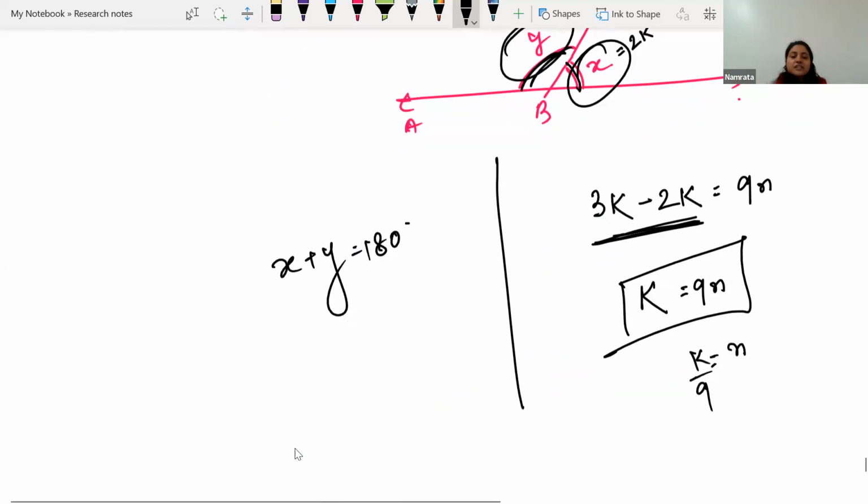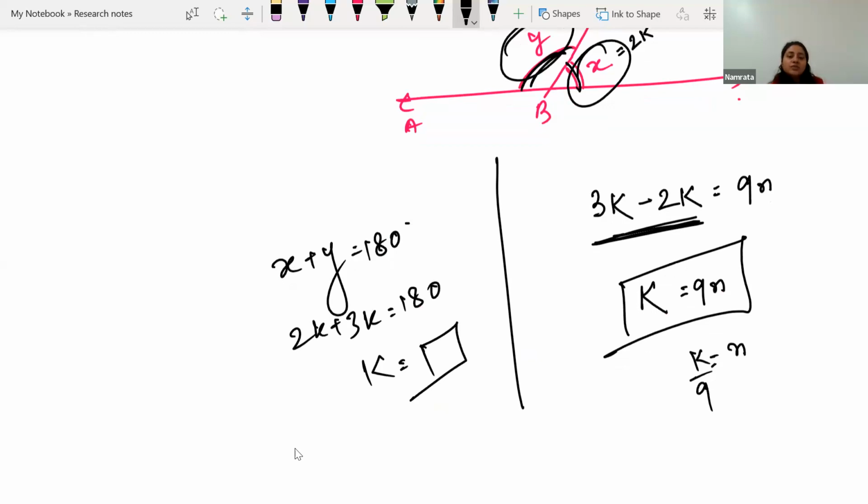So x plus y is 180, so 2k plus 3k is equal to 180. From here we get the value of k. k will be 180 by 5, that is 36.